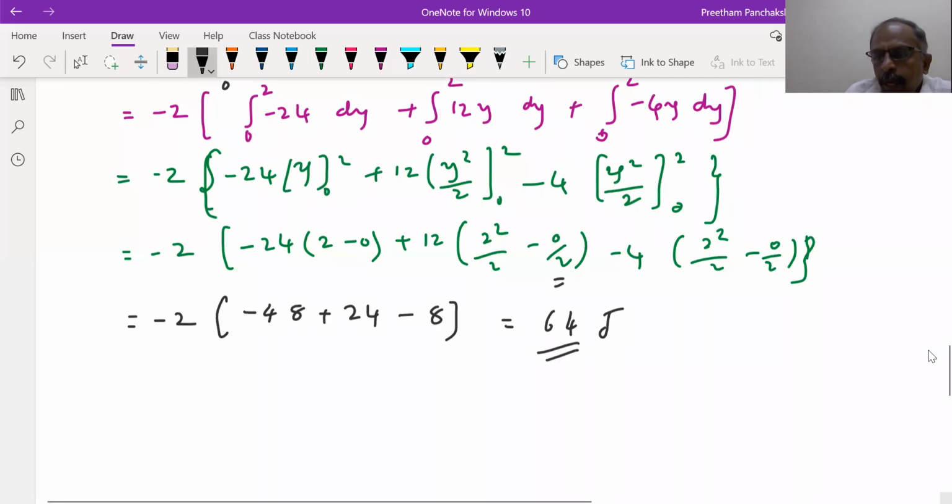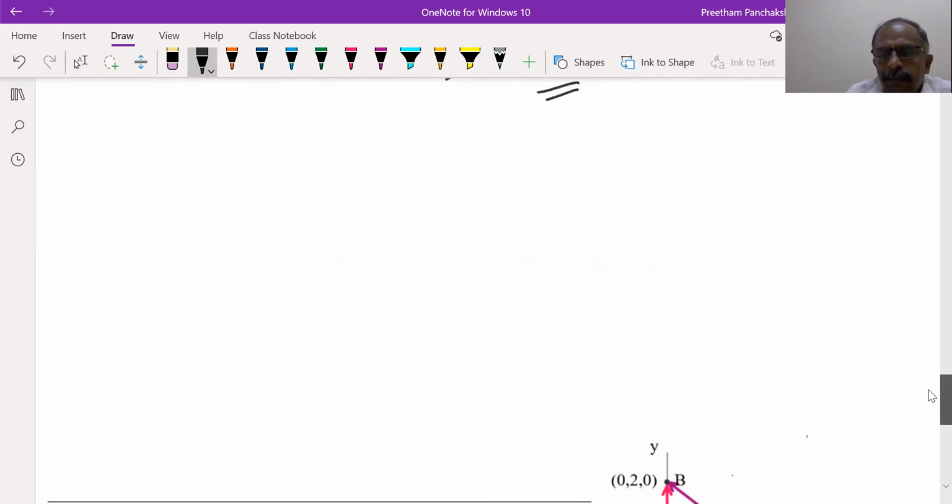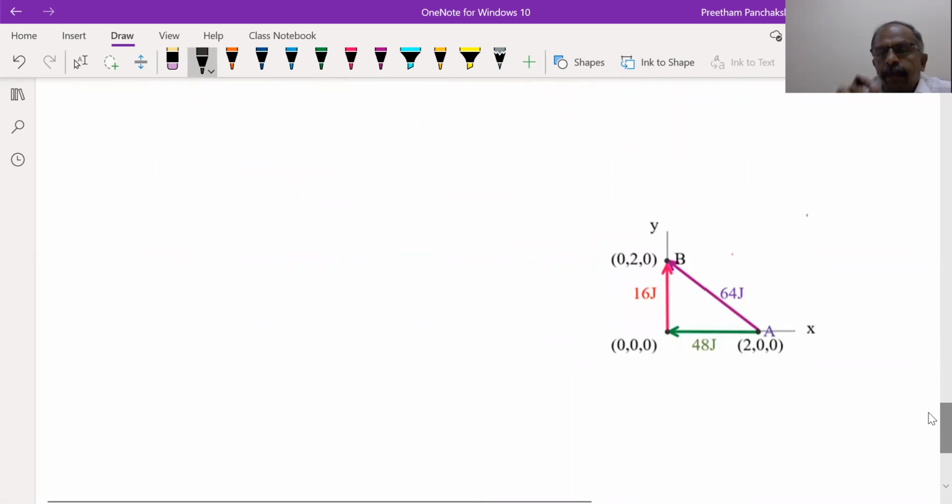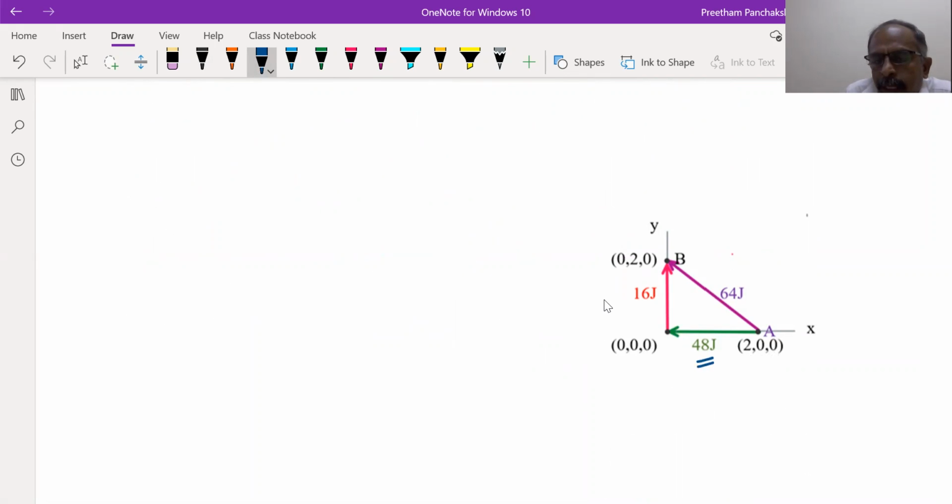So we have completed all the 3 steps given, and all the 3 cases put together. We have a diagram here. As we know, in case 1 we got 48 joules, in case 2 we have 16 joules, and in case 3 from point A to point B we got 64 joules.